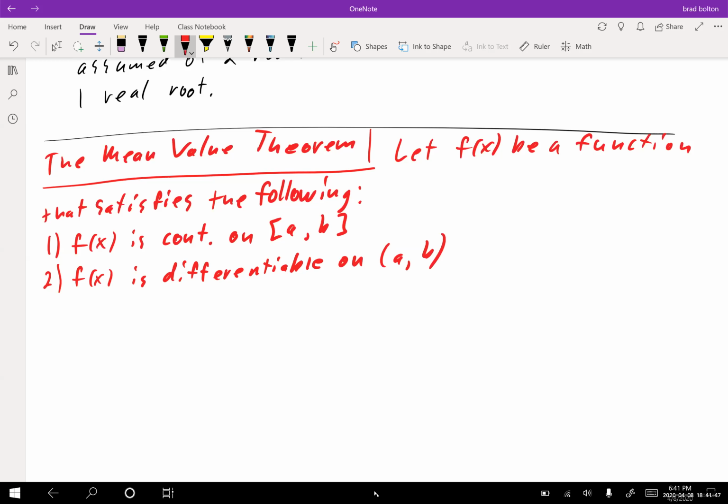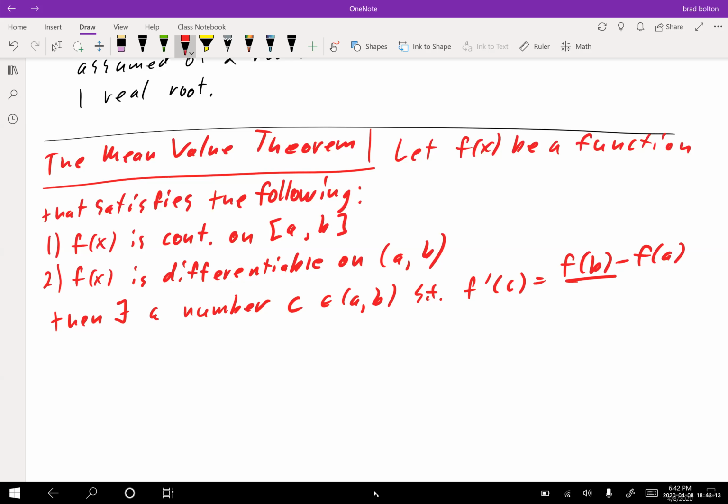Then there exists a number c, an element of (a, b), such that f prime of c is equal to f of b minus f of a all over b minus a.